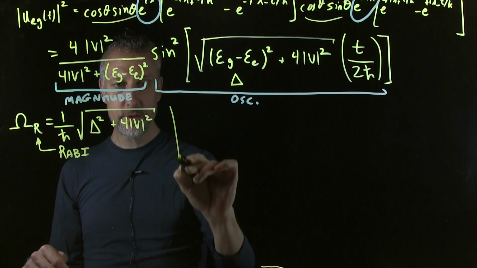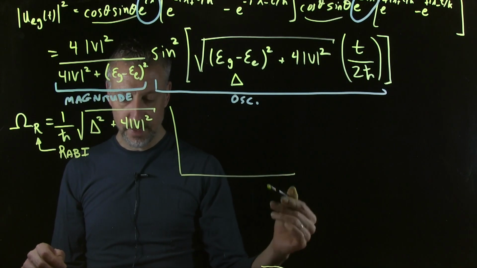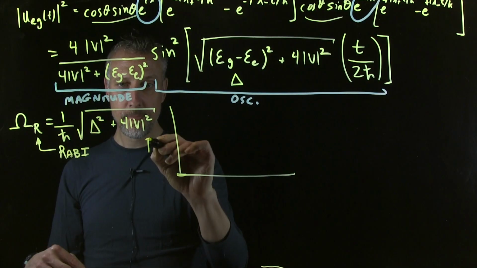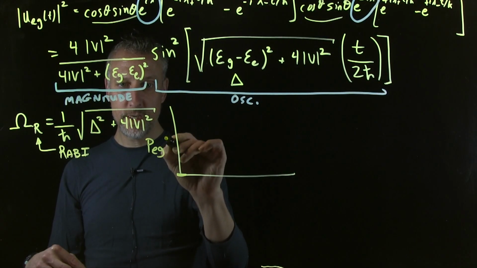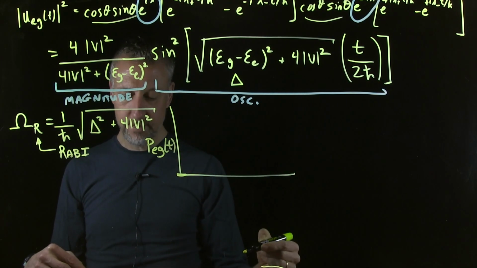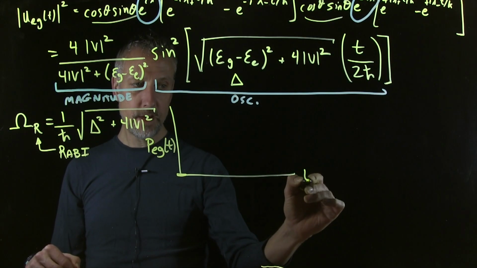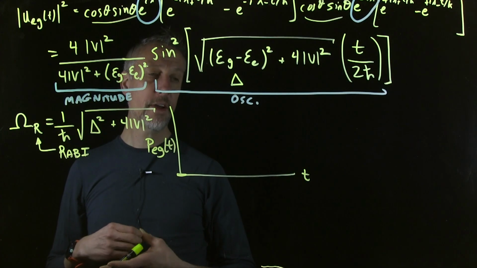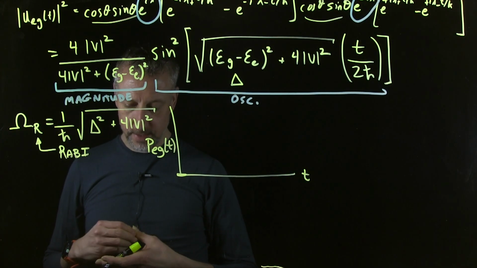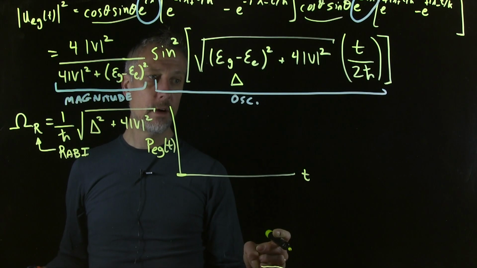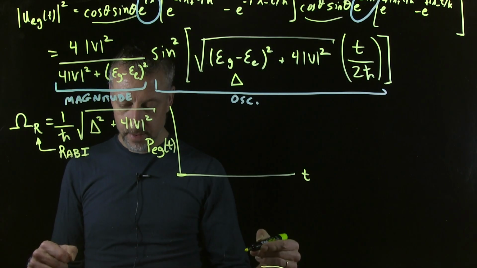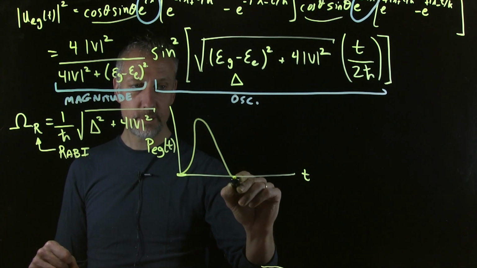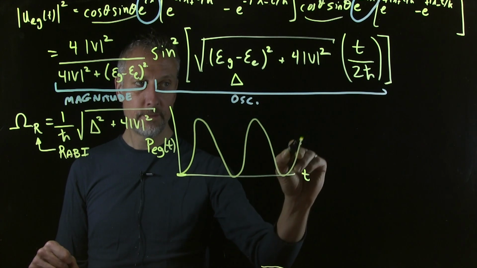So what you do is you turn the field on. If you think about how you might do an experiment like this, you have the probability of being in E given that you were in G at t naught as a function of time, all right? And this is time. And what's going to happen is if we plot the time in units of the Rabi frequency, then we're going to have oscillations that look like this, just like you expect for sine squared, right?